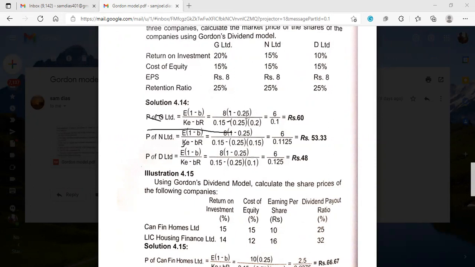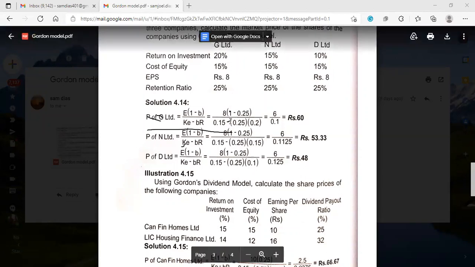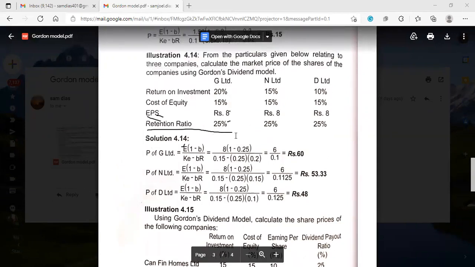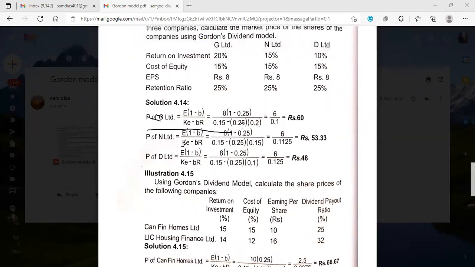Kindly make corrections, and here the answer will change. And 0.15 is KE, the cost of equity, given in the problem as 15%. And B into R. Here B means the retention ratio, 25%, 0.25.